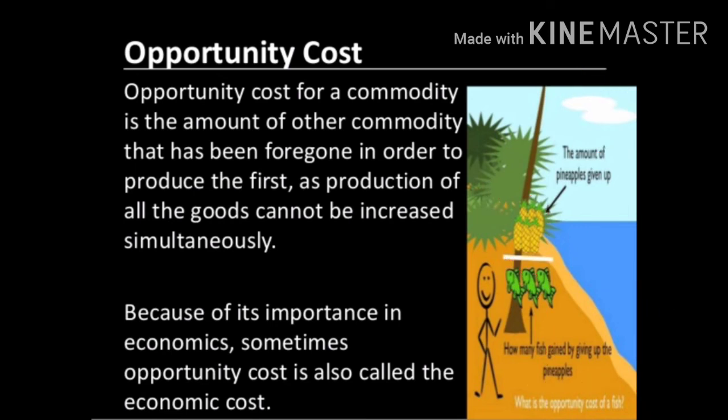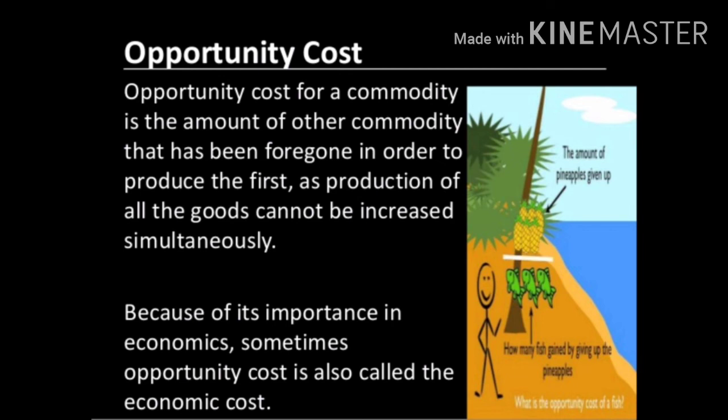Now we are going to discuss an important concept in economics, that is opportunity cost. Opportunity cost is the amount of other commodity that has been foregone in order to produce the first, as the production of all goods cannot be increased simultaneously. So look at this picture. The amount of pineapple is given up. Why have they given up the amount of pineapples? Because he has to produce more fish.